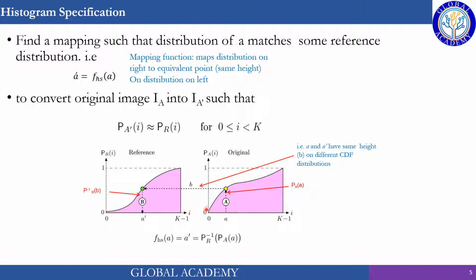This concept is just like histogram equalization, purely histogram equalization, because this is the cumulative distribution of the original image and we are transforming a pixel value from its cumulative distribution function, and we got B. Then we have to find this B in the target cumulative distribution function, a lookup table.